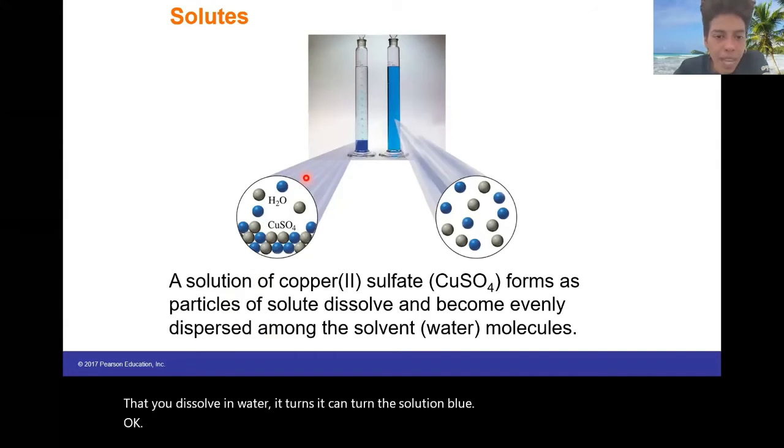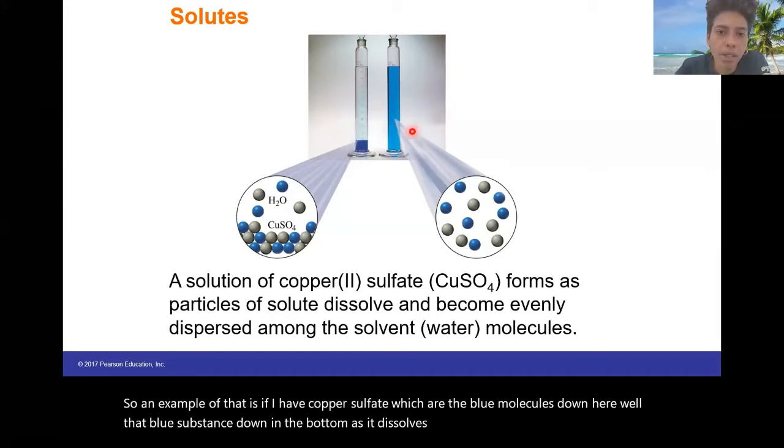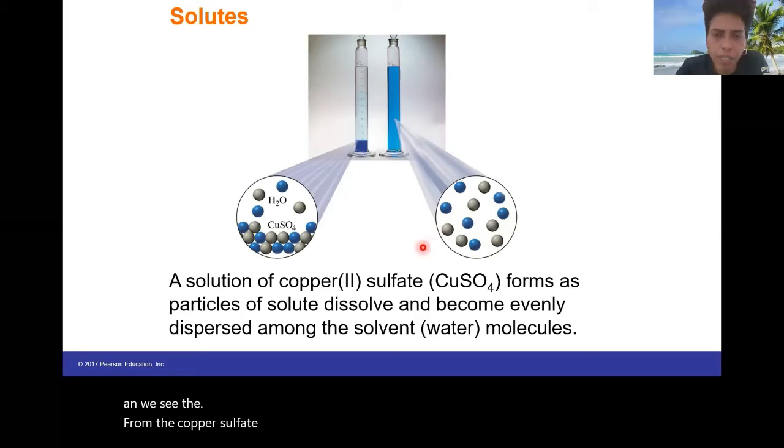So an example of that is if I have copper sulfate, the blue substance down in the bottom. As it dissolves in water, notice that the water turns blue, and we see the copper sulfate ions floating around in solution.